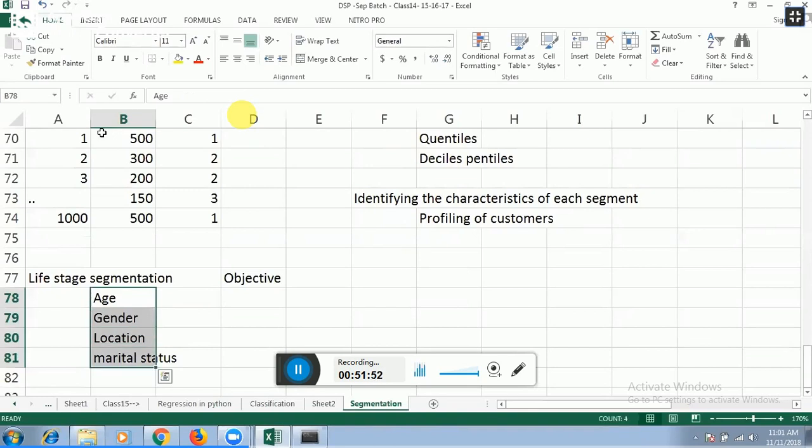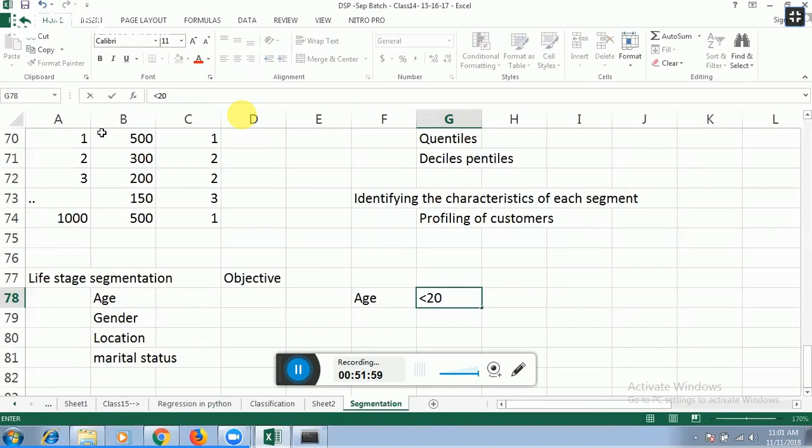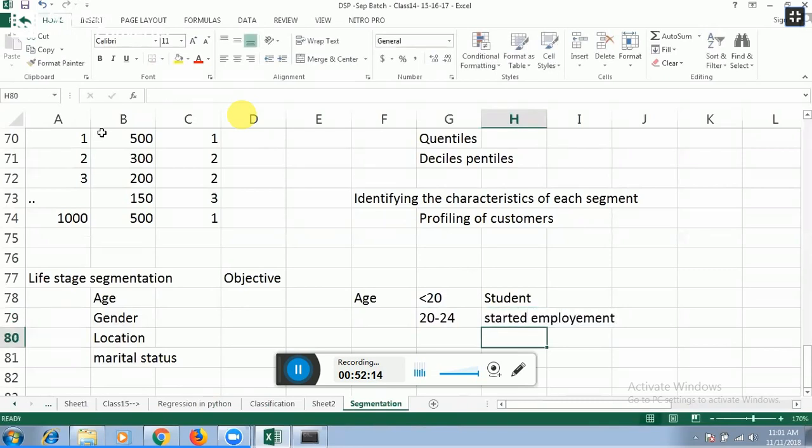A simple example is age. Suppose you take less than 20 years; at what stage are you? Maybe a student stage. At 20 to 24, maybe 25 at most, you have typically started employment. From 24 or 25 to 30, it is the marriage stage.